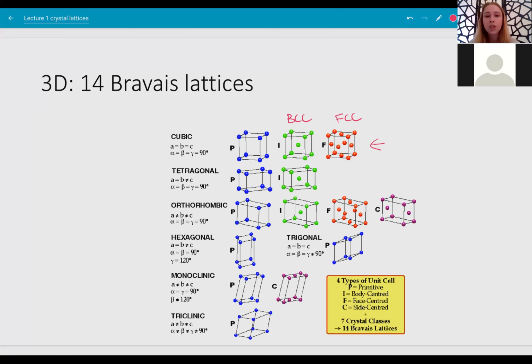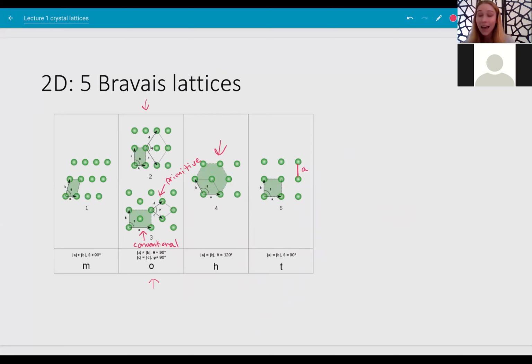Some of these crystal structures are what are called close-packed structures, which, like the name implies, means it's the closest that atoms can get together. Imagine you have ping pong balls, and you arrange them in a hexagonal lattice like this picture here. Then you have layers of them, and you stack them on top of each other.